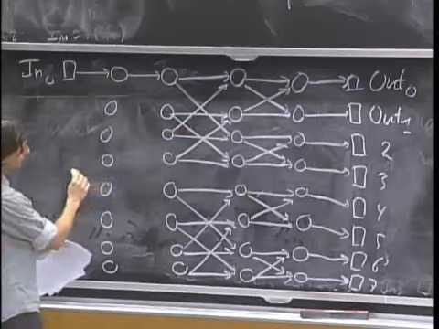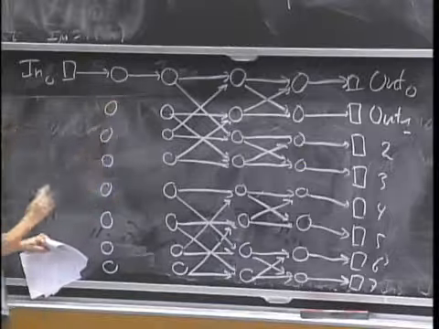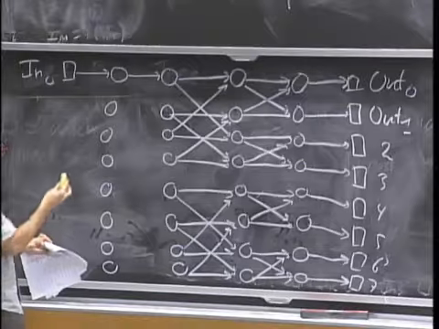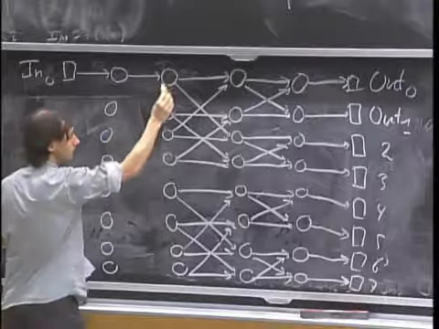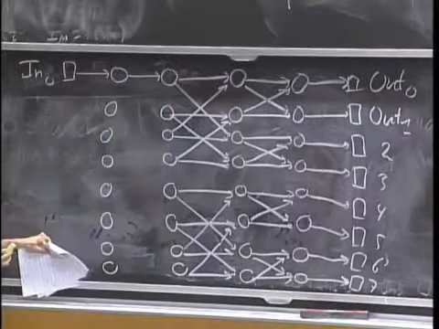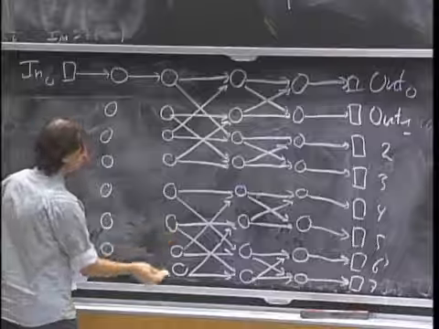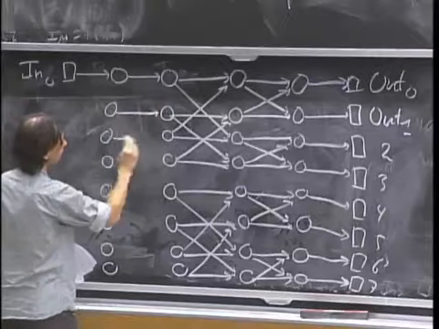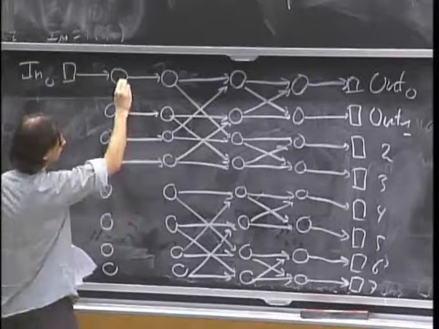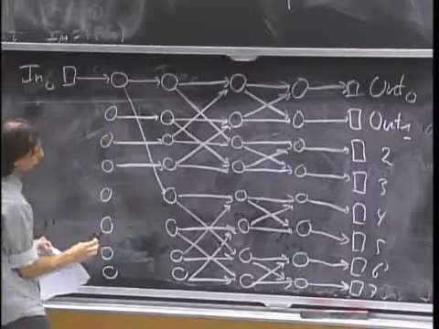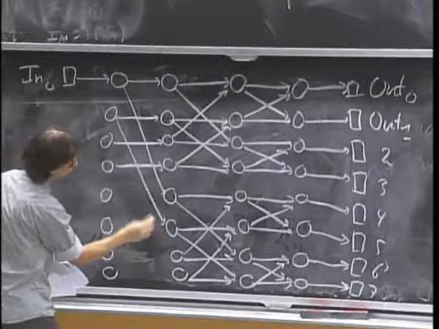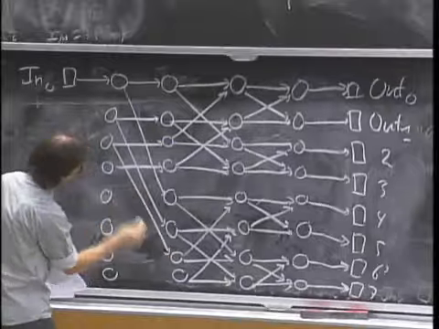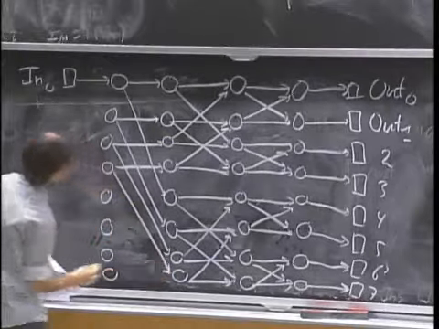Again, we take these four switches. They can route their packets forward to the top butterfly subnetwork or to the bottom one. So they can either go straight ahead, or this one can connect to the first over here, this one to the second, to the third, and this to the fourth.